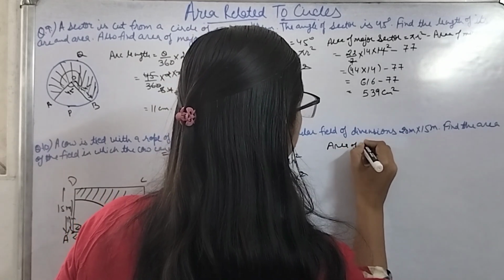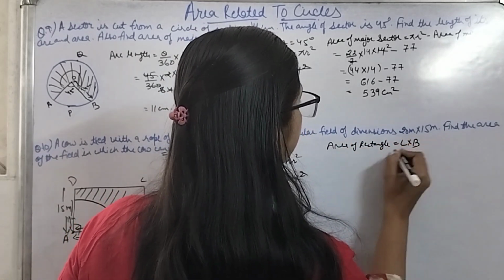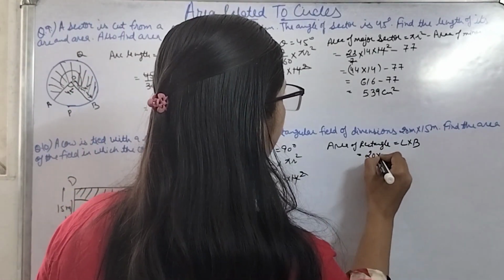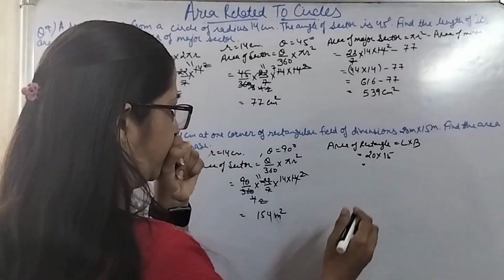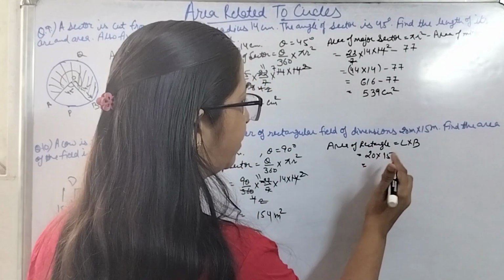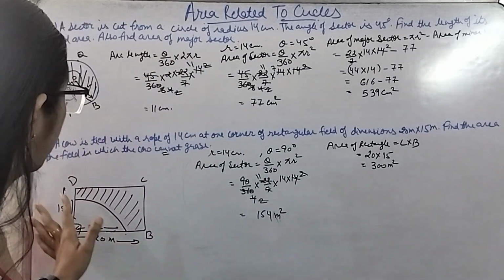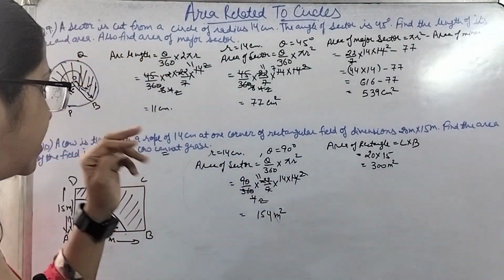Area of rectangle, we know it is L into B. L is given to us as 20. B is given to us as 15. So it will be 300 meter square. So the required area will be the area of the rectangle minus the area of the sector.